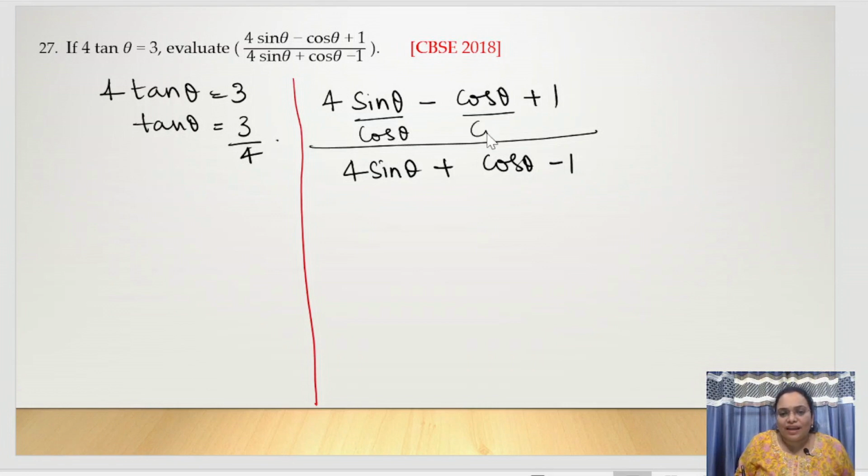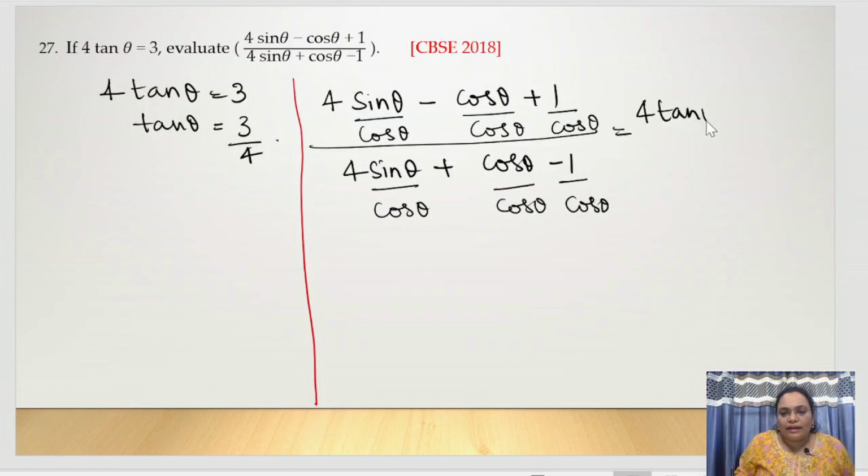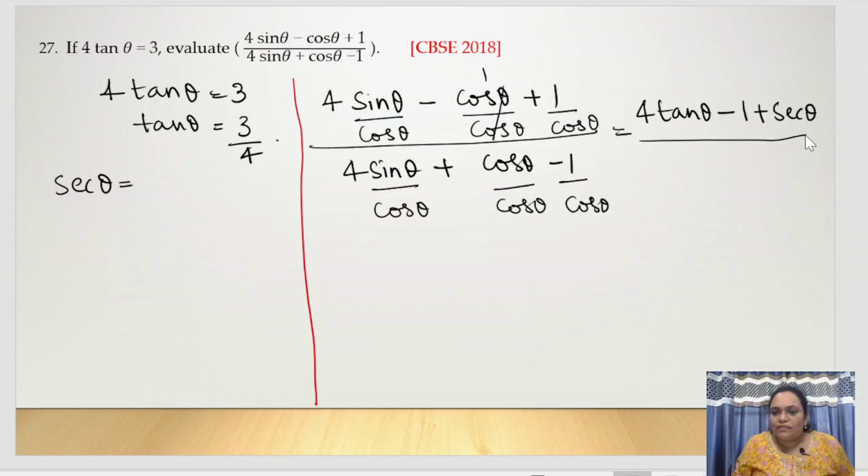So we'll just divide the numerator and denominator by cos theta. So you will get 4 tan theta minus, this will be 1 minus 1 by cos is plus secant theta, divided by 4 tan theta plus this will be 1 minus secant theta.